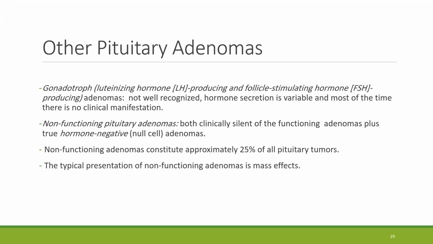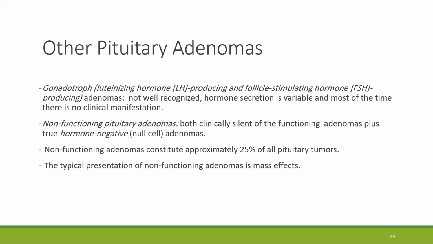If we have a non-functional adenoma, it can be either a silent adenoma or a null cell adenoma. Remember the difference: in the silent adenoma we have the hormone within the cells, while in the null cell adenoma there is no hormone within the cells.